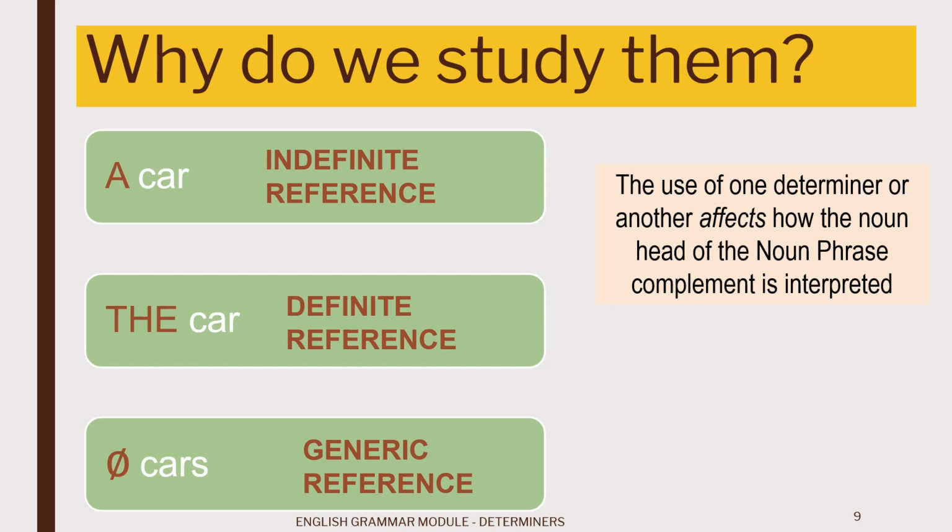All right? Determiners will always assign reference to the noun phrase complement. They will always carry some kind of grammatical information. But this grammatical information will vary from one determiner to another.